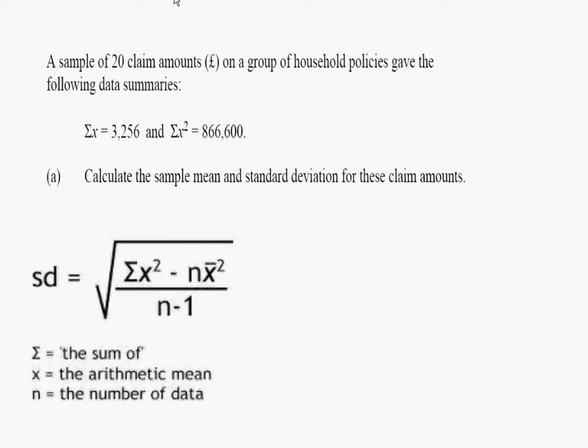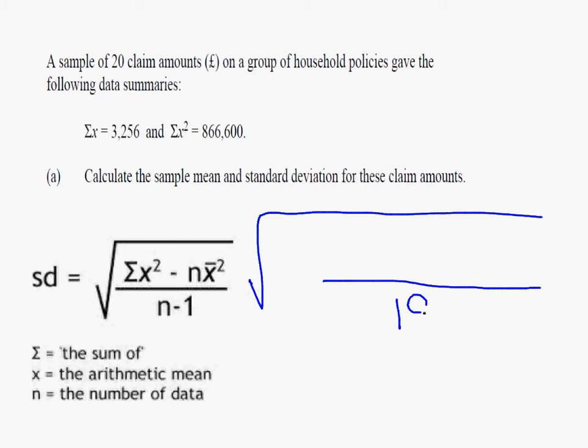There we have the standard deviation. It is the square root of n minus 1. There's 20 claims, so n is 20, therefore n minus 1 is 19. We also put in 20 here, then 866,600, it's essentially just putting all the information into the relevant place.